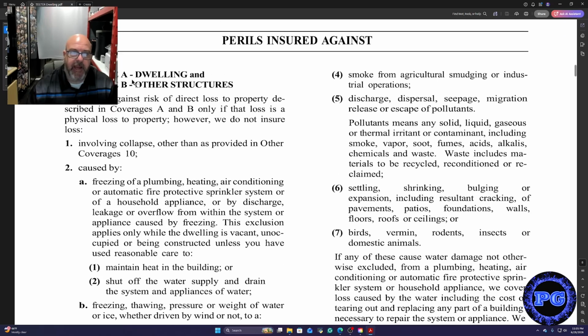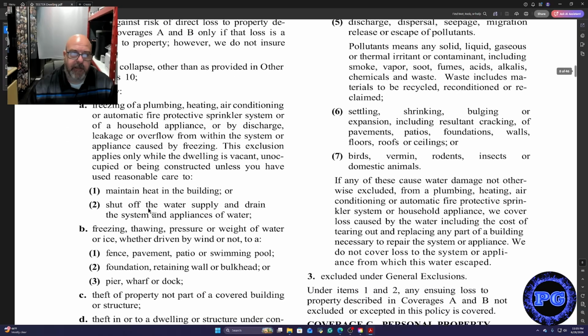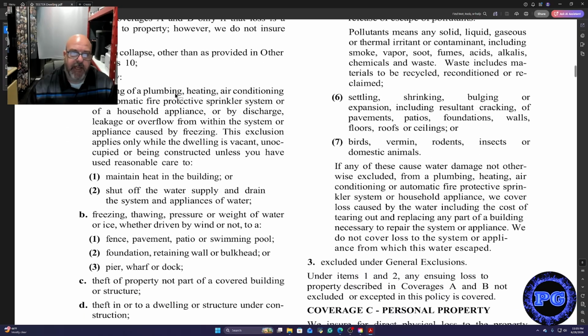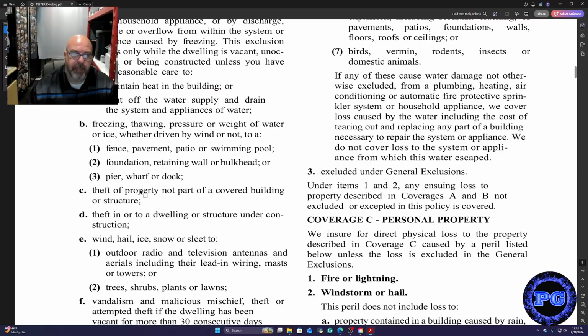So the A and the B, it's going to cover risk as long as it's caused by freezing of the plumbing, as long as you did your duty to maintain heat in the building, shut off the water supply if you're away, theft of property not part of a covered building or structure.